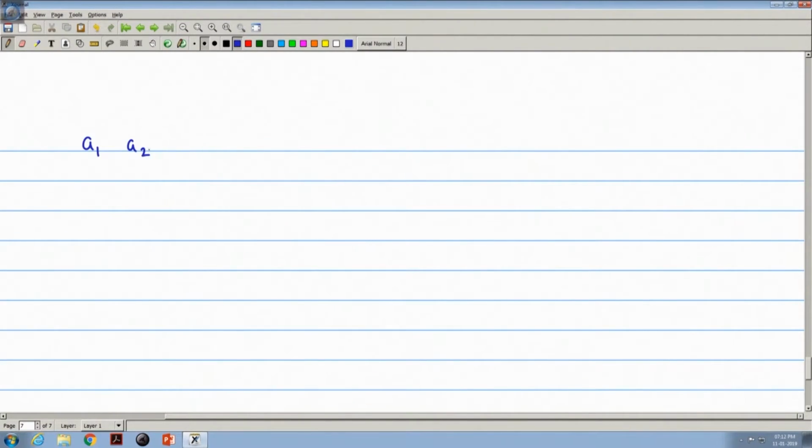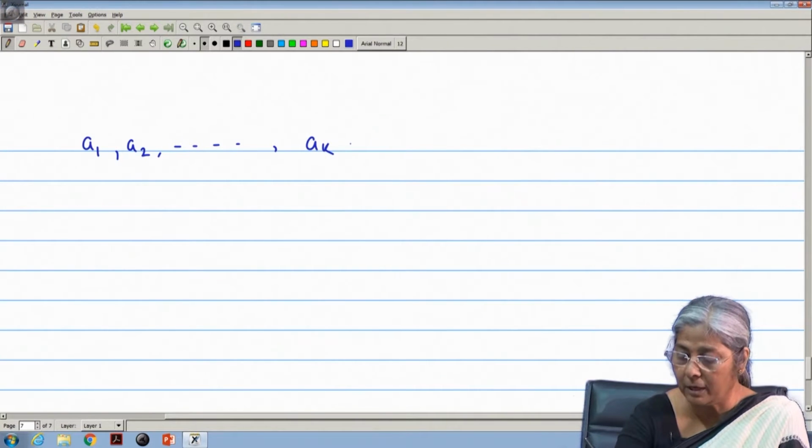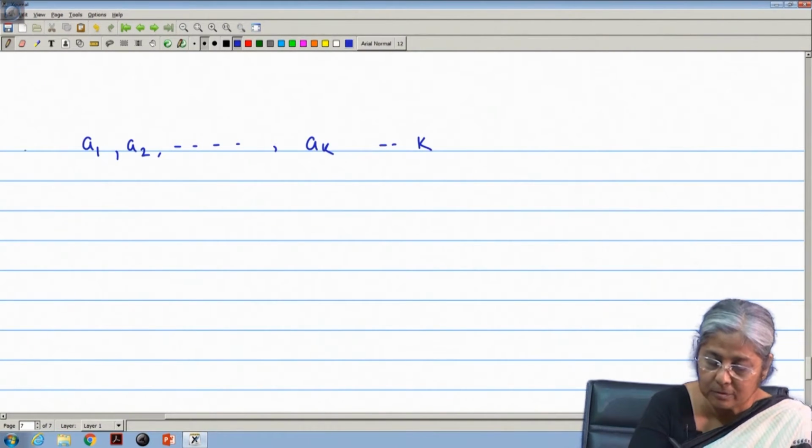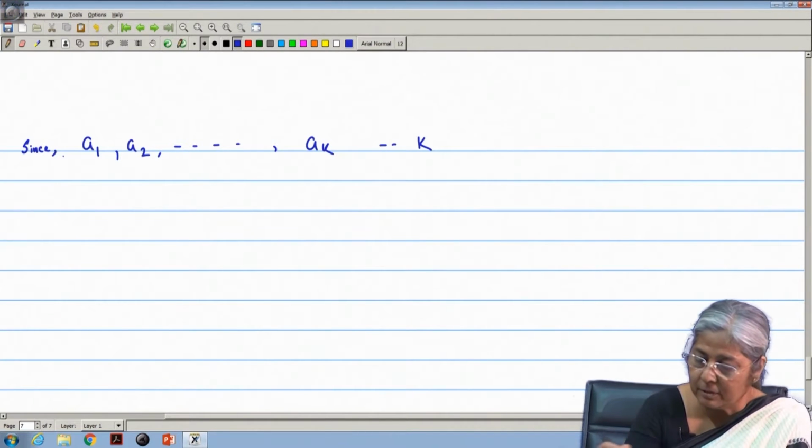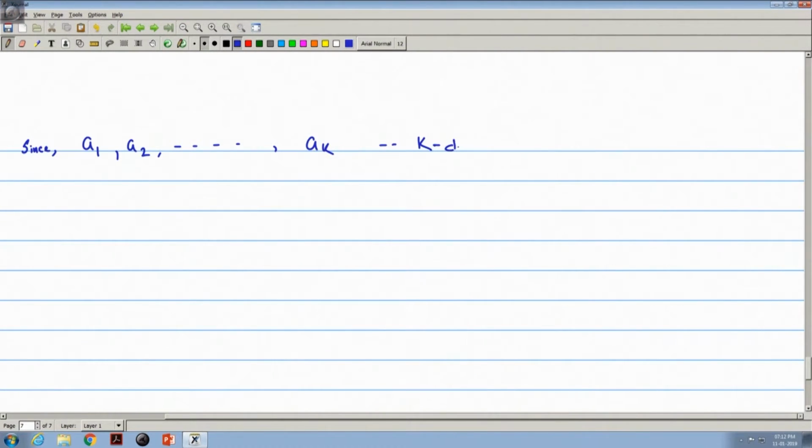Since I have A1, A2, up to Ak, these are the k different objects we have. Then A1 is with n1 repetition.